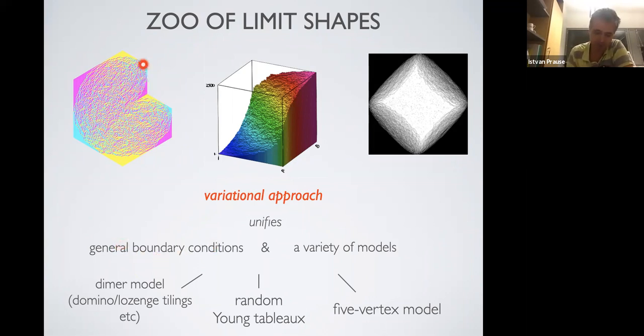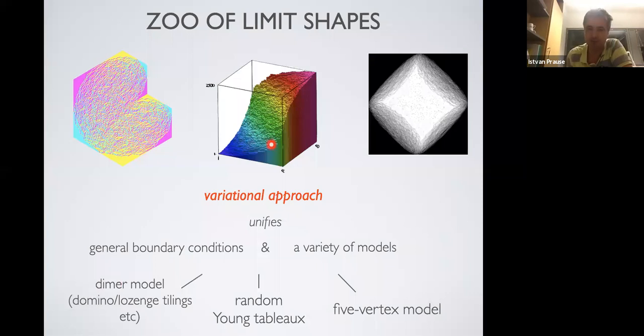So for instance, if you remove some part from the hexagon and modify the boundary, you get a different frozen boundary, in this case a cardioid. But it also works for a variety of models. So I will mention some dimer models, namely Domino and lozenge tiling models, and some random Young tableau.